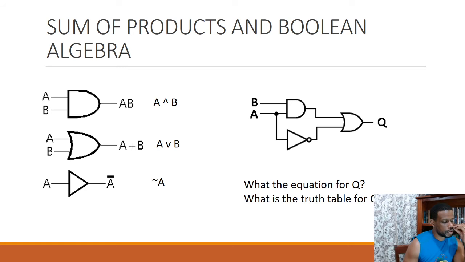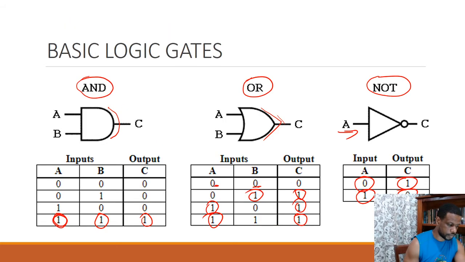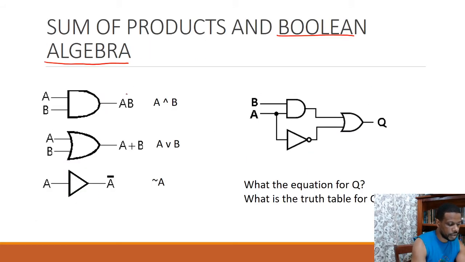Equations for the gates is called Boolean Algebra. So it works something like this. If you want to say AND, AND is basically multiply, OR is basically add in terms of the sign, right?